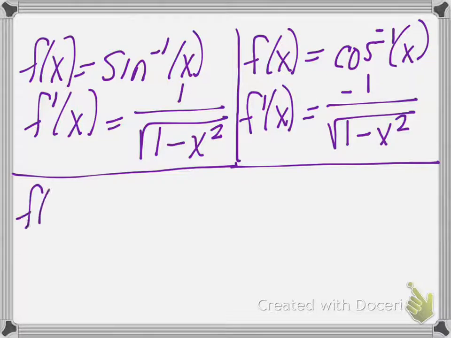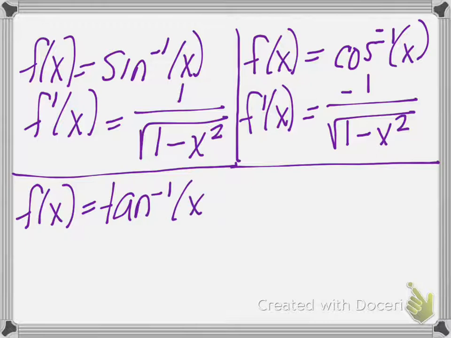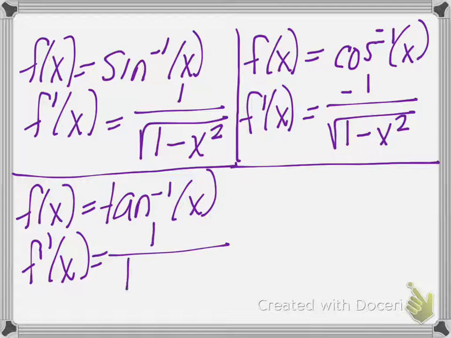And the last one, f of x equals tan inverse x, the derivative is going to be 1 over 1 plus x squared. So notice there is addition in the denominator, and there is no square root. So these are just 3 rules, and you just kind of have to know them.